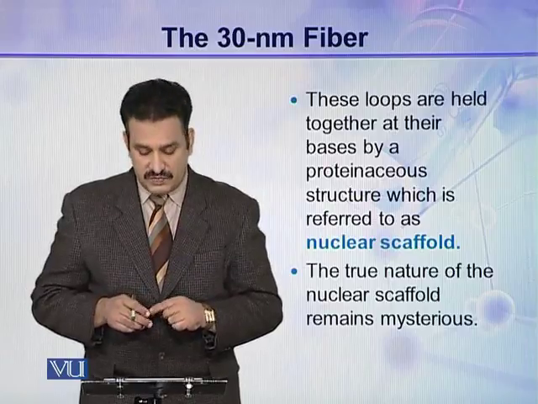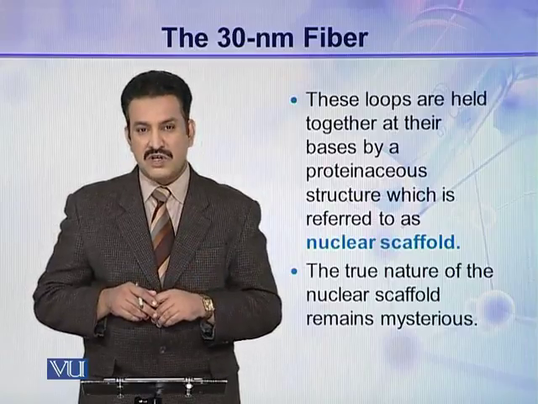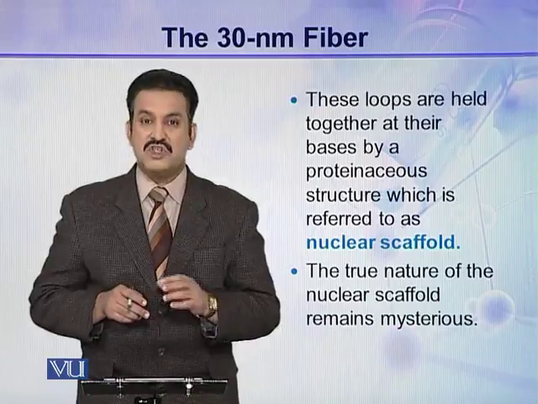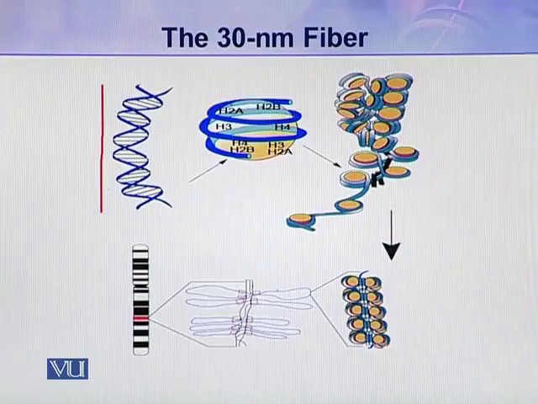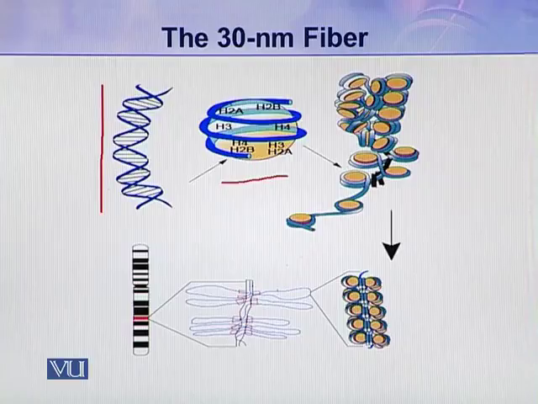The true nature of this nuclear scaffold remains mysterious. So let me summarize the whole condensation process. You can see this is a DNA molecule, and the first level of folding or condensation is the formation of nucleosomes.